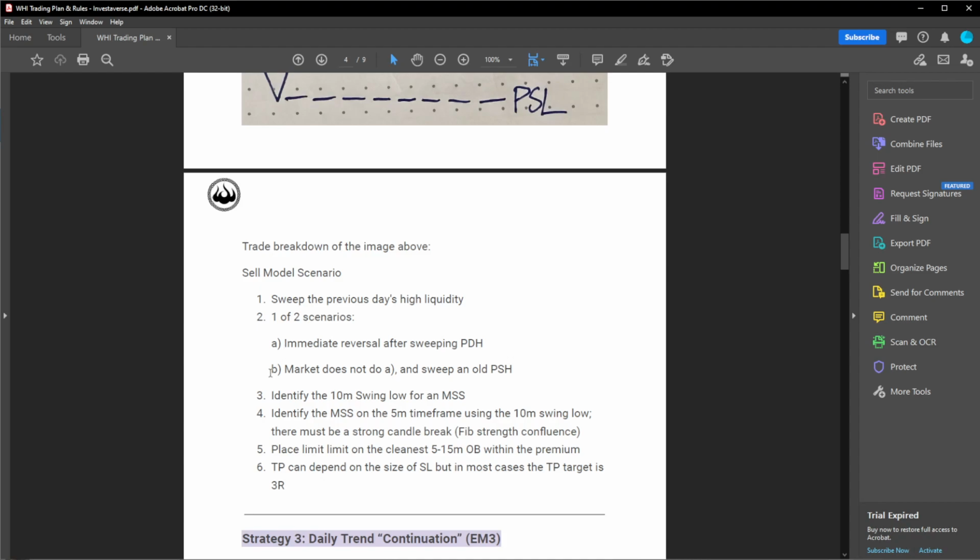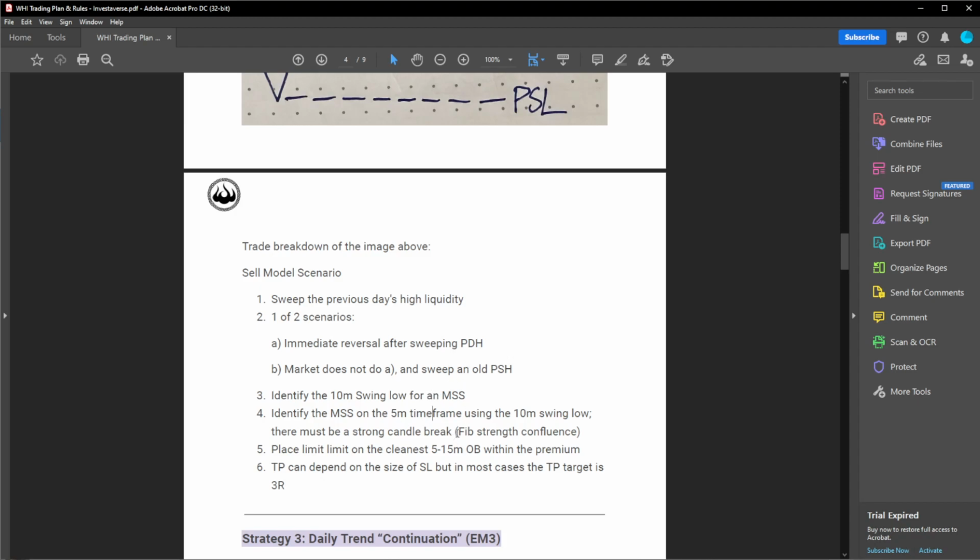Or scenario B, the market does not do scenario A, and instead the market continues to trend upwards. We sweep an old previous session high, and then we can identify the 10-minute swing low for a bearish market structure shift. Once again, I identify the market structure shift using a 10-minute swing low, but I actually look for the break to occur on the 5-minute time frame.